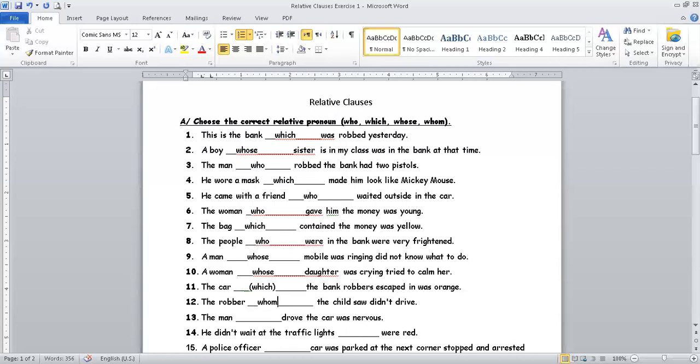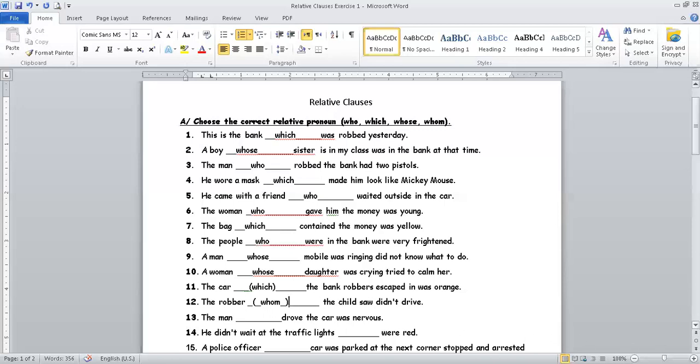And again, whom replaces an object pronoun. It defines the robber, and the robber is the object. So it's possible here to drop whom. Therefore, we can put it between brackets. You can say the sentence both ways. The robber the child saw didn't drive, or the robber whom the child saw didn't drive.